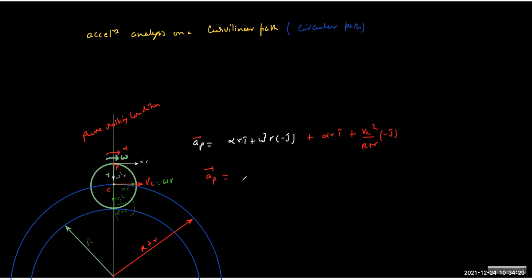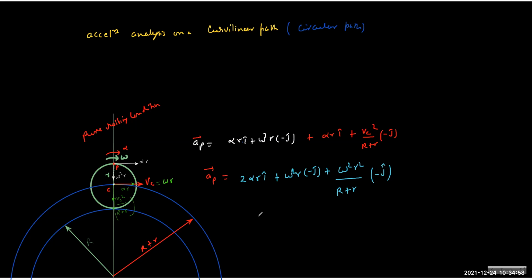So alpha r becomes 2 alpha r i cap, and this becomes omega square r minus j cap plus, what is Vc square? Omega square r square by r plus r. So this is the answer.